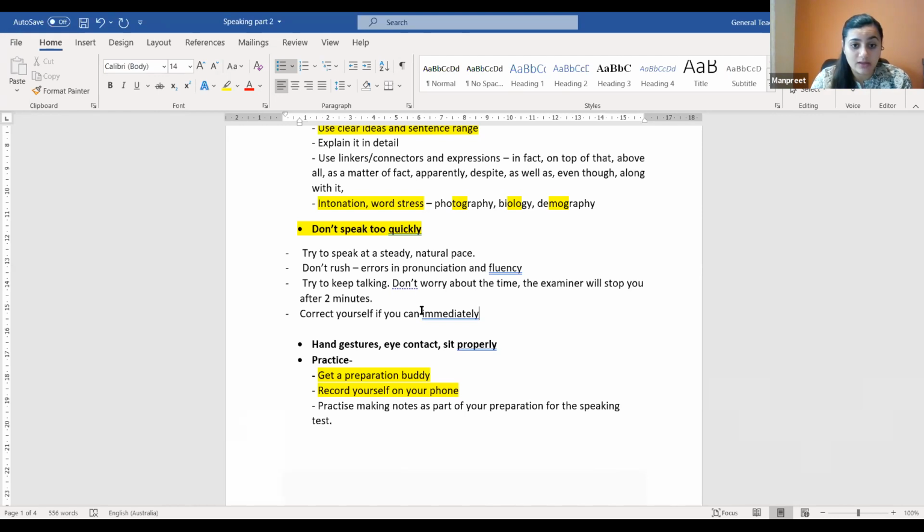Most of the time the examiners are just busy writing whatever you say, whatever errors you make, or whatever the good points are. So they don't usually look up, but you still have to pretend that they are looking at you.